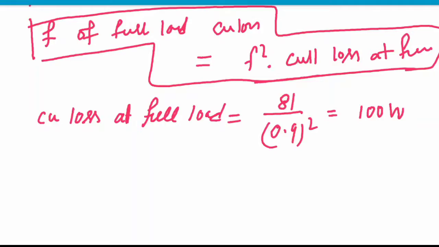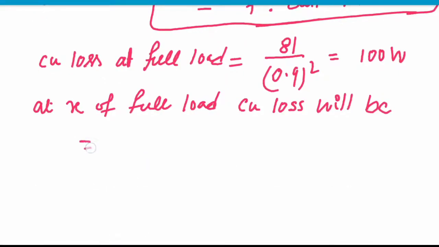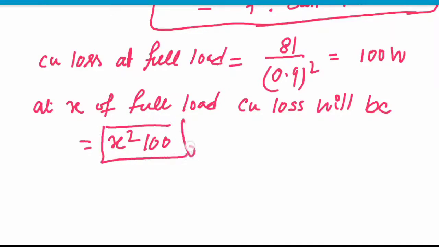So at x of full load, copper loss will be x square into 100. This is the same formula I am applying again. So this is the copper loss at maximum efficiency.